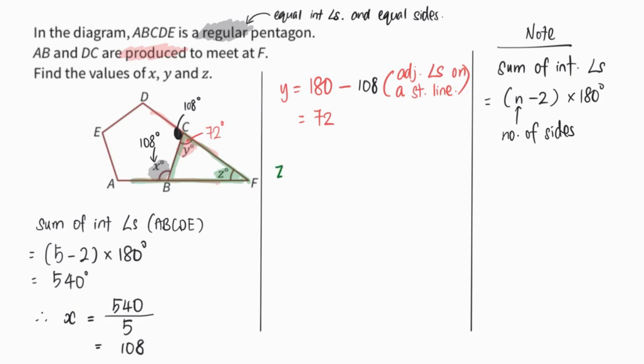So z is simply equal to x minus y. This is an exterior angle of a triangle. So x is 108, y is 72, z will be 36.